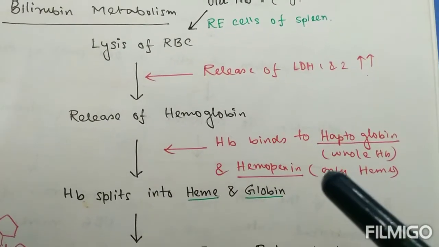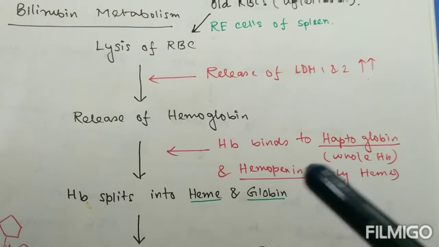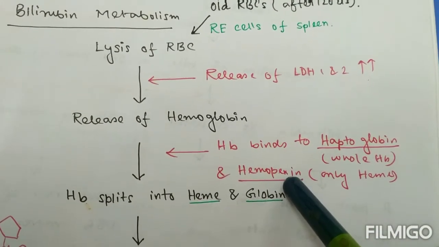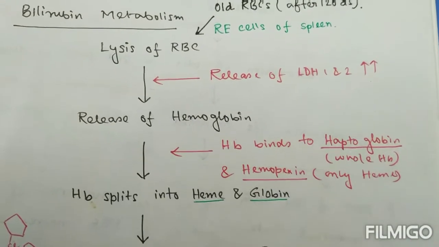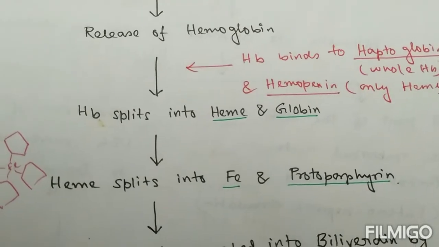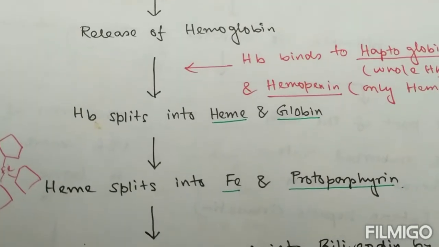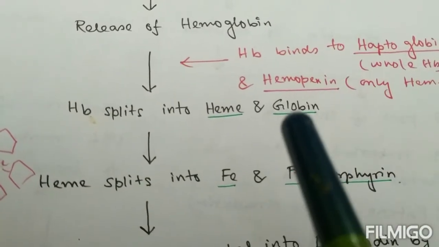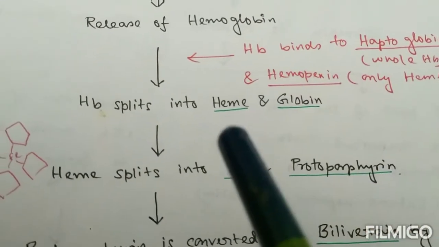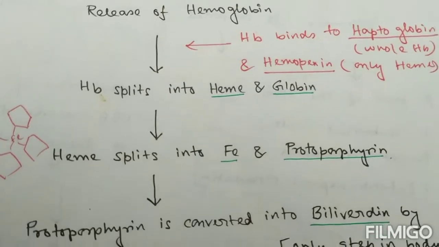Sometimes hemoglobin is also split into the heme part, and this heme is then carried by the hemopexin protein to the RE cells. Anyhow, in the RE cells, ultimately hemoglobin is split into heme and globin parts, and the globin part adds to the amino acid pool of our body, and the heme undergoes the following pathway.